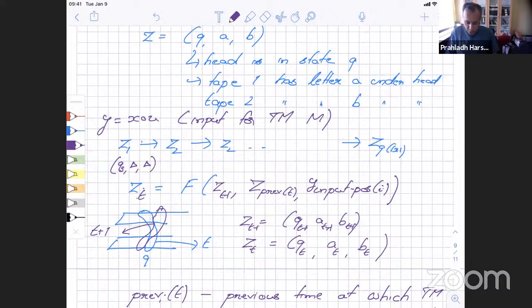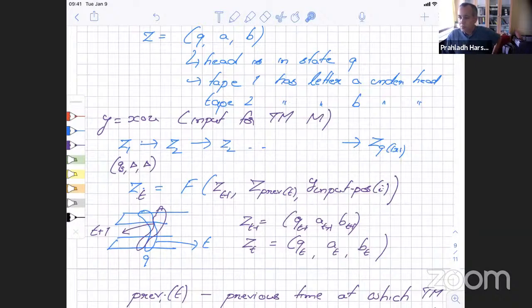If you know this, you know exactly what is the symbol over there. And you also need to know what was the previous symbol when the head was previously at this position. The first thing will tell you what was over here, and I need to know what was over here. And this is captured by this. Questions?